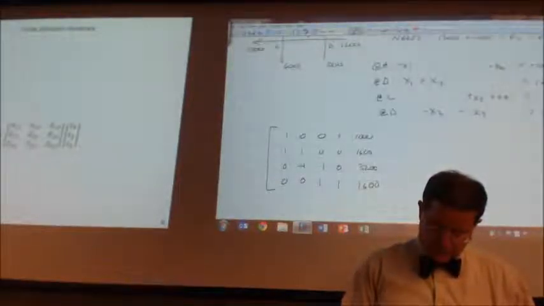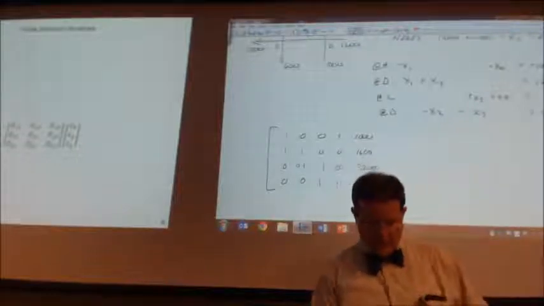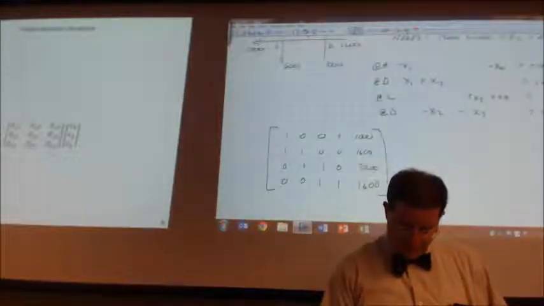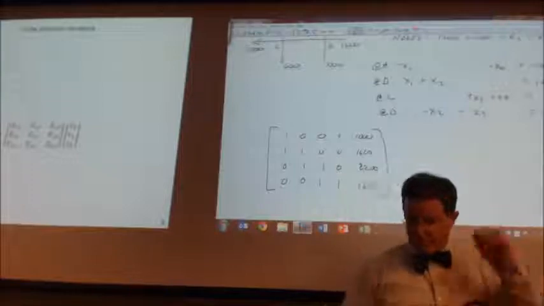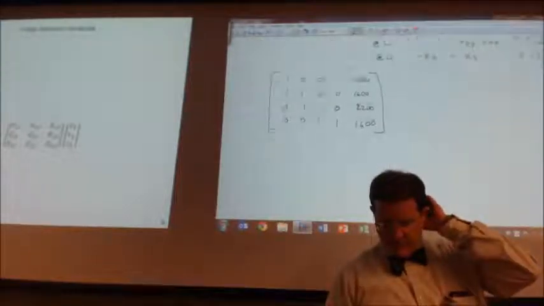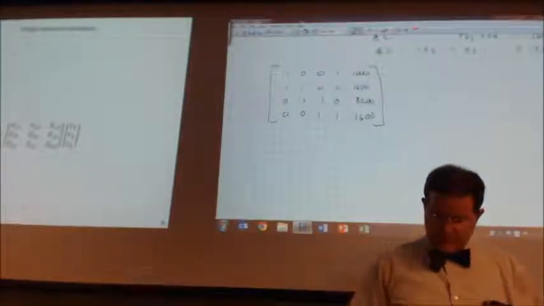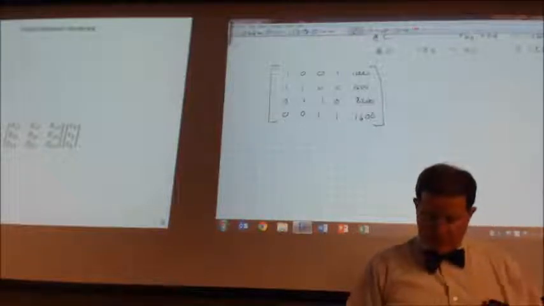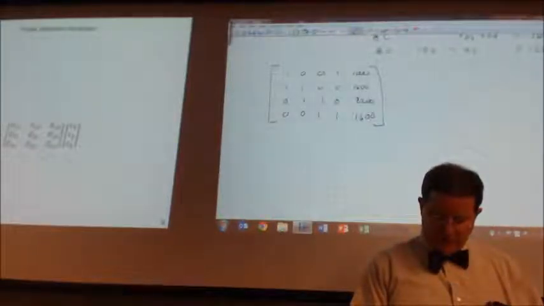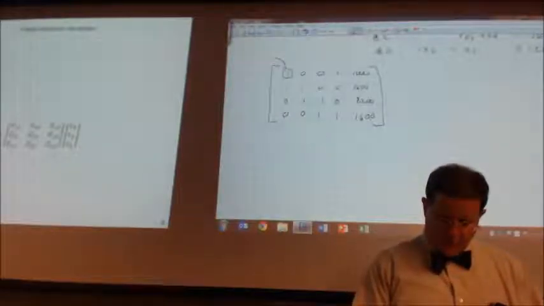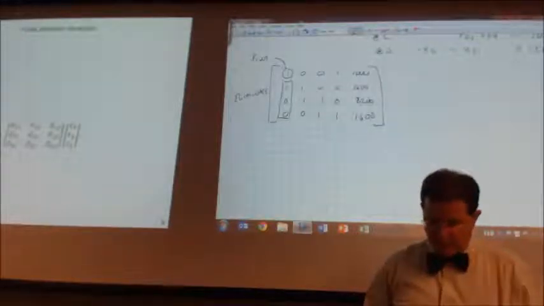Okay, so if that's my matrix, we're going to make this one the pivot, right? And we're going to eliminate, well, we only have to eliminate 1 here.